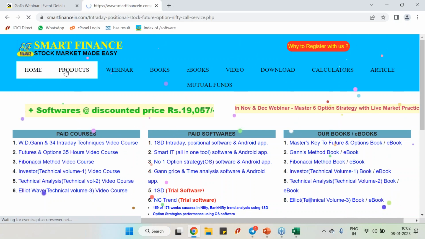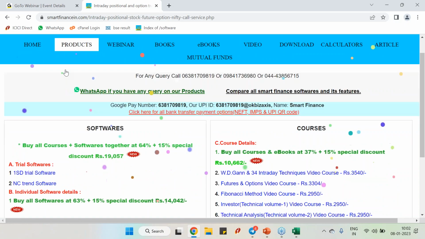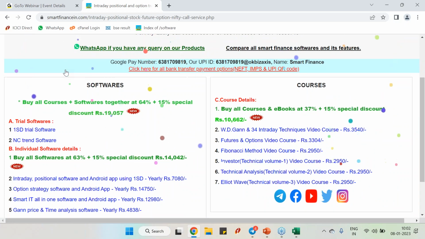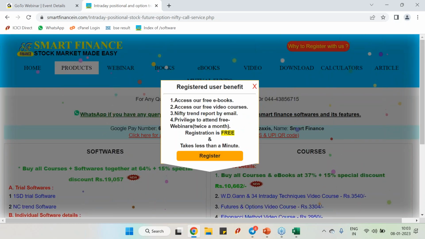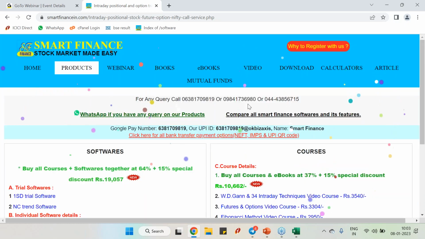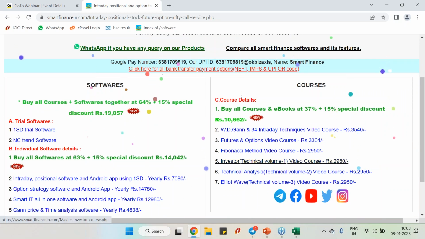We researched many concepts, we changed many concepts. In the WD Gann concept, we have brought many new innovations, like the natural constant method. In the pair trading concept, we have many new innovations: beta decoupling, index decoupling, sector decoupling. We are the entity who has brought volatility into the system of intraday trading.